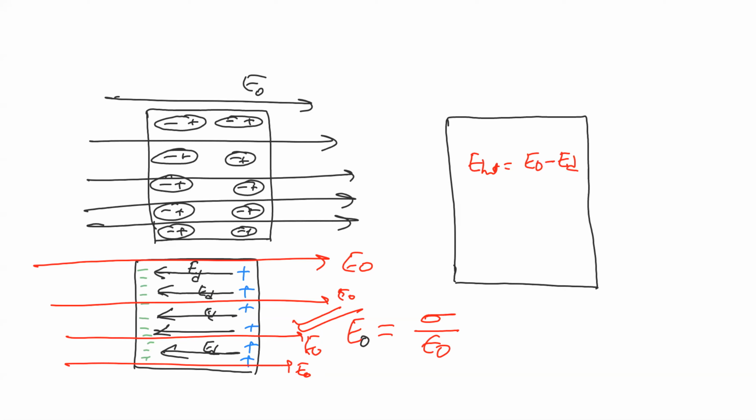Remember, it is not a conductor, and it's not an insulator either. So polarity has a limit. So E net will be E naught minus ED.